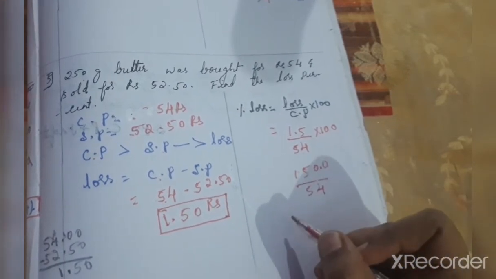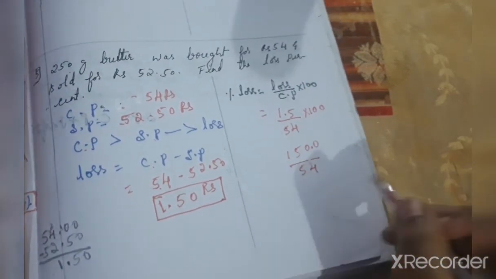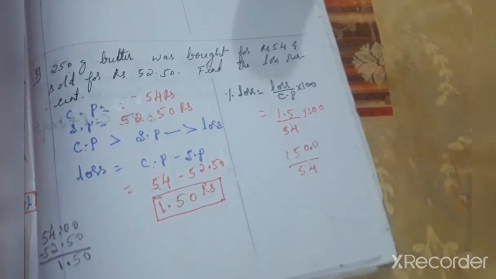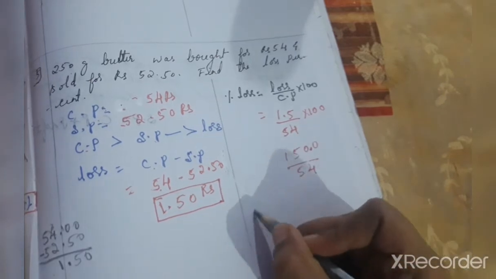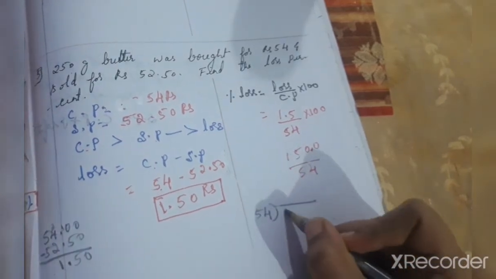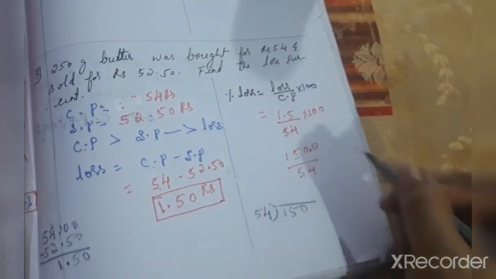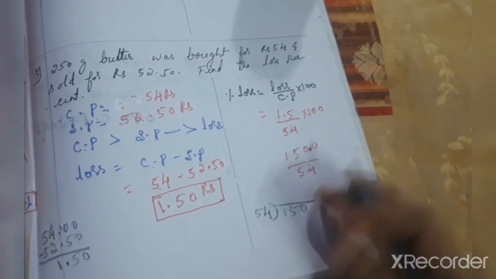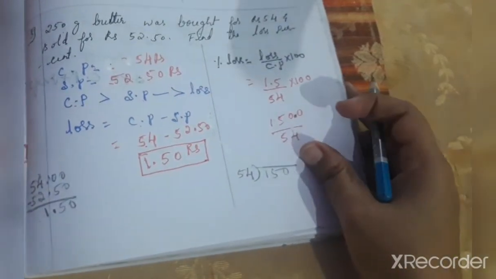So it is 150 by 54. We have to divide 150 by 54. After the decimal point, 0 means there is no value for that number.